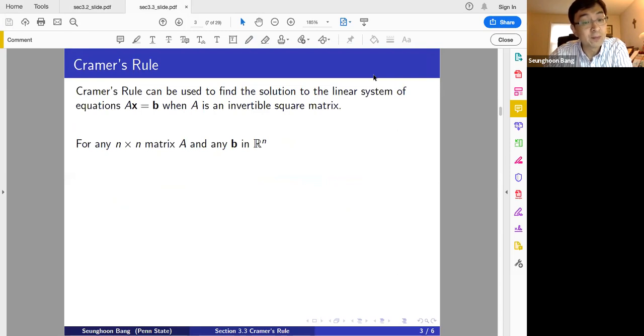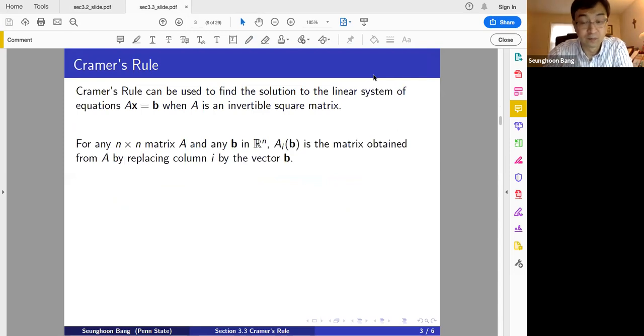For any n by n matrix A and any vector B in Rn, A_i(B) is the matrix obtained from A by replacing column i by the vector B. What does it mean?